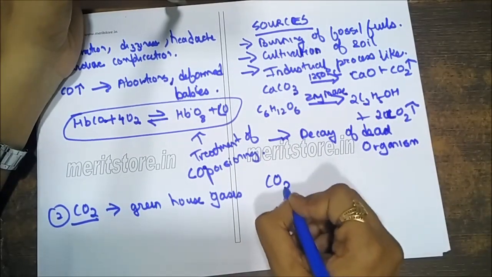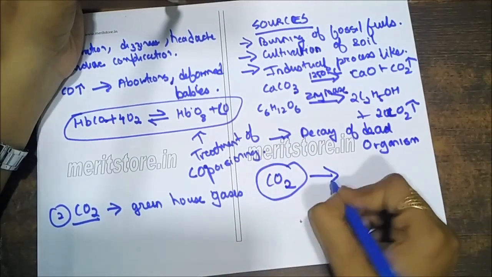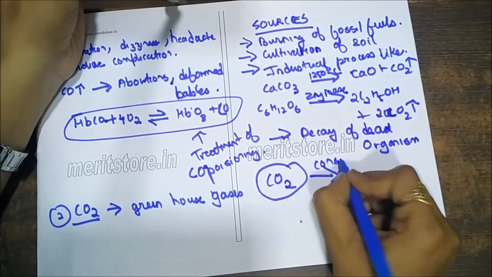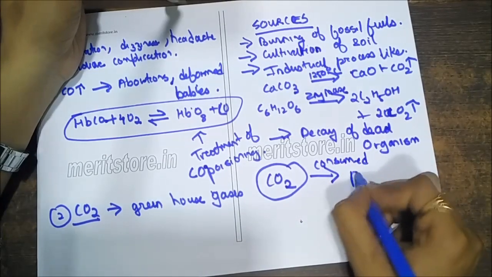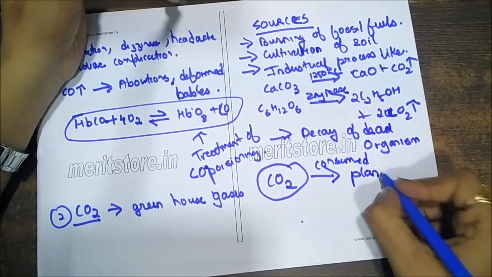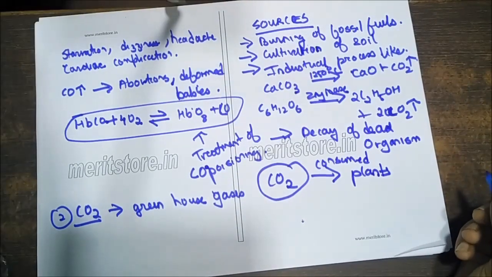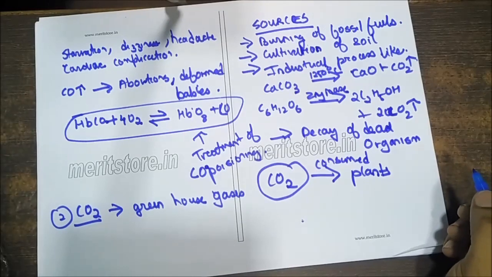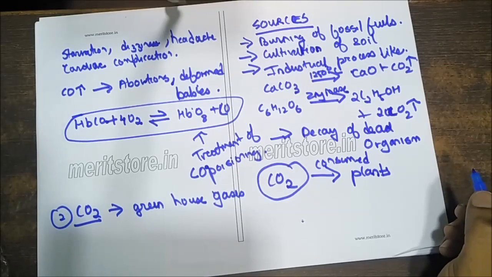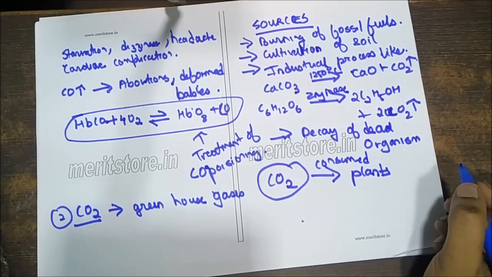Now, these are the sources of carbon dioxide. Now, who consumes carbon dioxide? Plants. Carbon dioxide is consumed by plants. They take in carbon dioxide and release oxygen in the presence of sunlight and chlorophyll. Hence, plants help us maintain the balance of carbon dioxide in our environment.